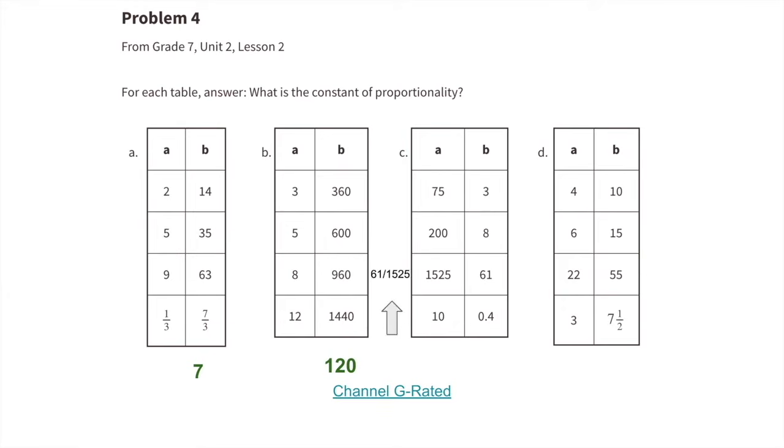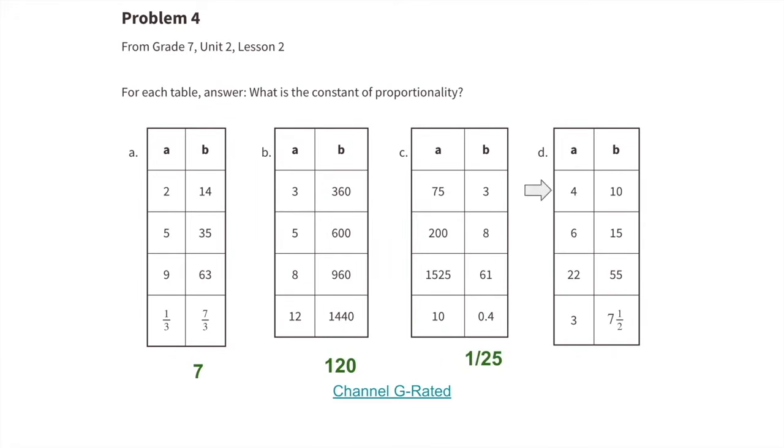That's 61 over 1,525, and that can be reduced to 1/25. And finally, 4/10 divided by 10. 4/10 over 10, or 4/10 divided by 10, is 1/25. So the constant of proportionality for table C is 1/25.